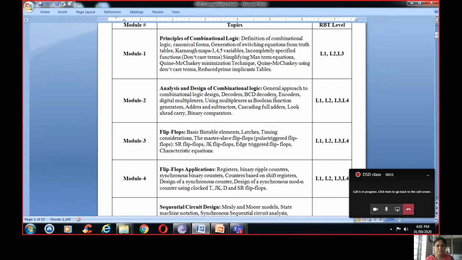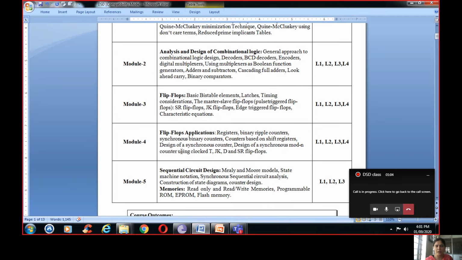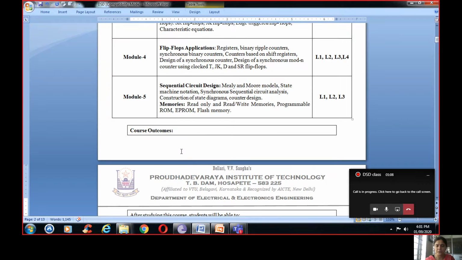Coming to the syllabus: Module 1, Principles of Combinational Logic; Module 2, Analysis and Design of Combinational Logic; Module 3, Flip-flops; Module 4, Flip-flop Applications; Module 5, Sequential Circuit Design.